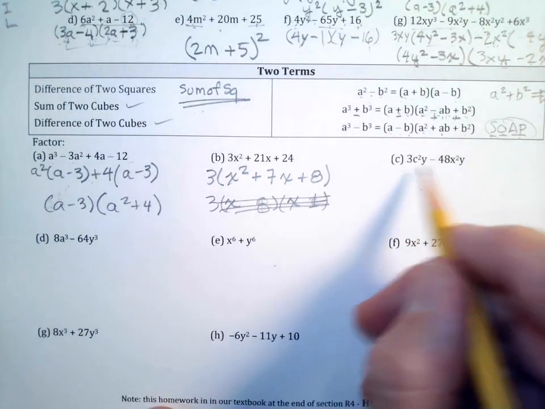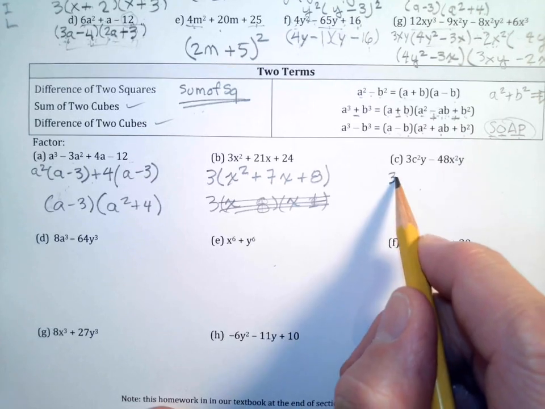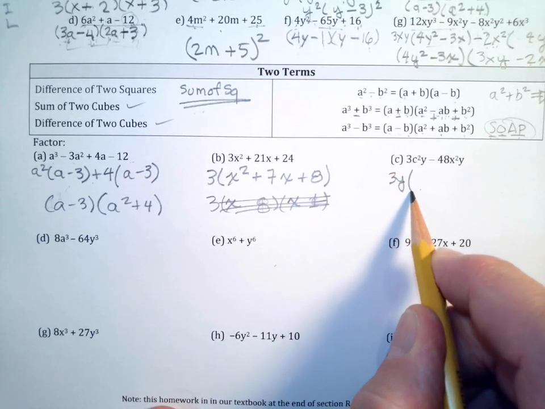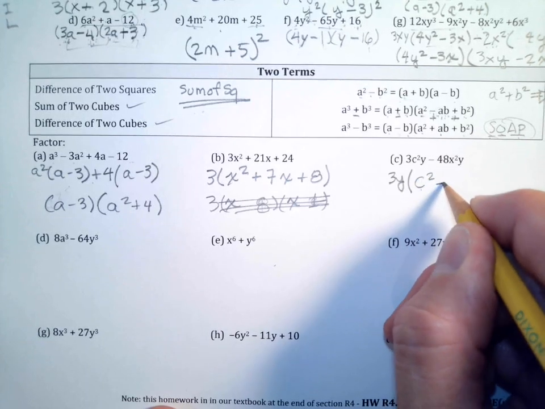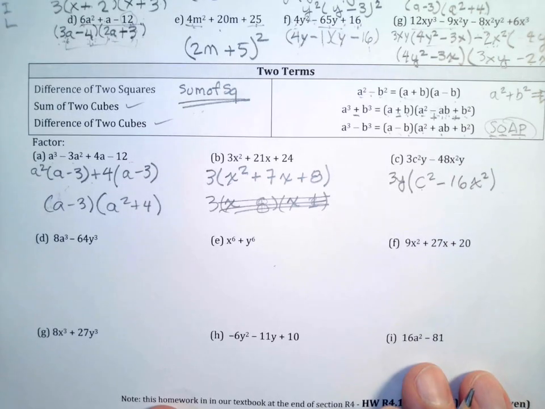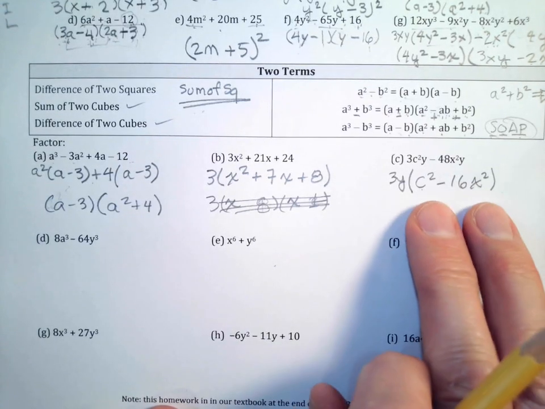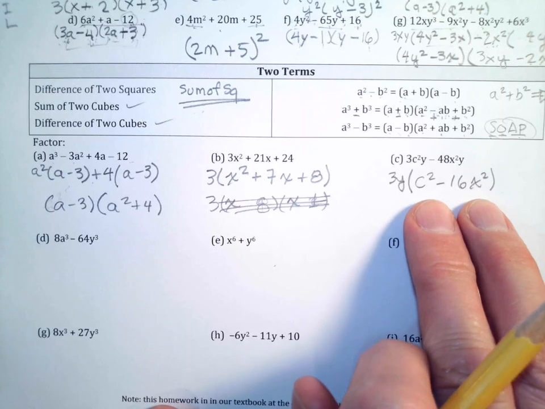Okay, so the coefficients have a factor of 3 that could come out, and I also see a y. So 3y can come out of that. That leaves us with c squared minus 16x squared. Maybe it wasn't obvious up here, but now we can see we have a difference of perfect squares.